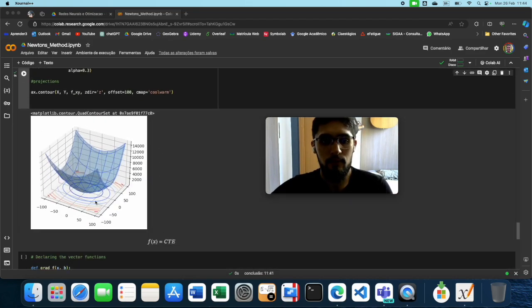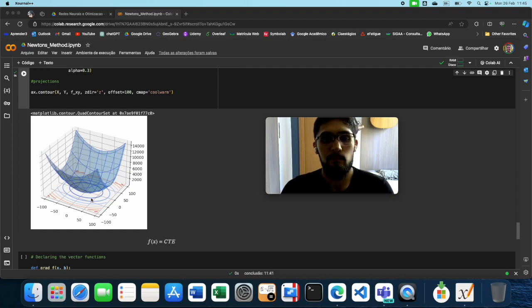The gradient of the function f points from the blue curves to the red ones, so it points in the direction in which the function f grows. But for the update of our first estimate, we are walking in the opposite direction of the gradient of f, from the red curves to the blue ones.